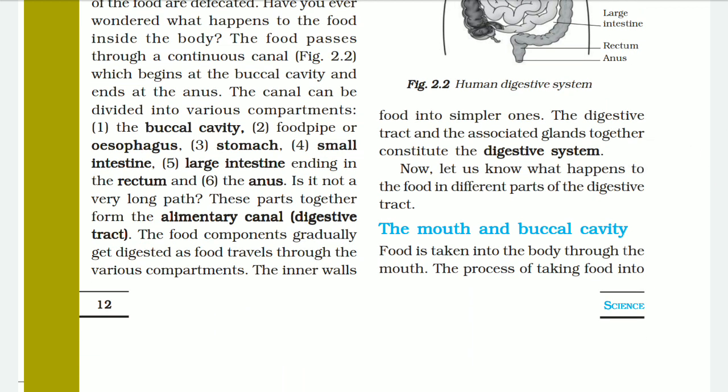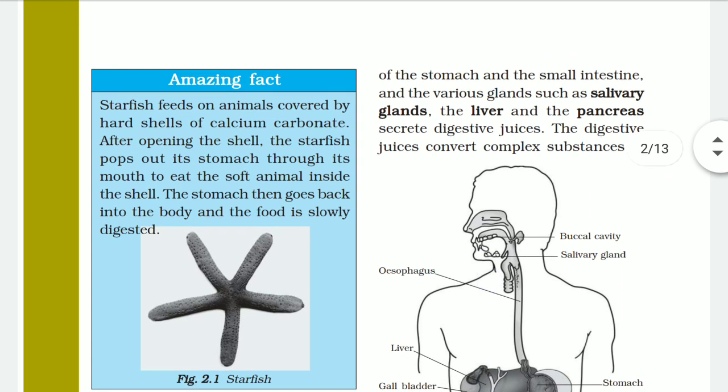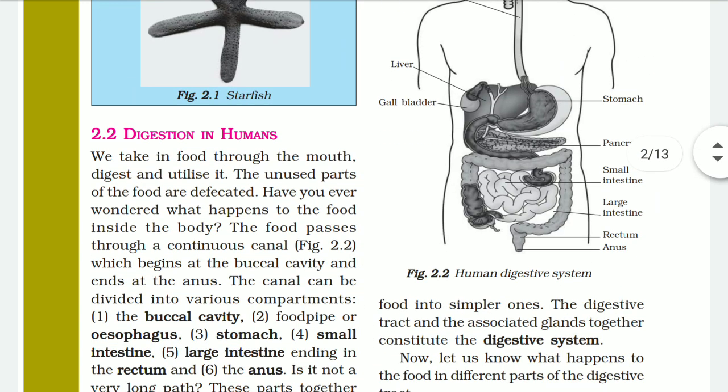The food components gradually get digested as food travels through the various compartments. The inner walls of the stomach and the small intestine and the various glands such as the salivary glands, the liver and the pancreas secrete the digestive juices. The digestive juices convert the complex substances of food into simpler ones. The digestive tract and the associated glands together constitute the digestive system.